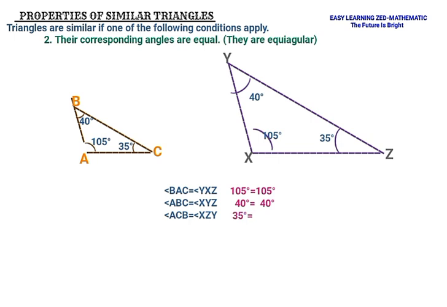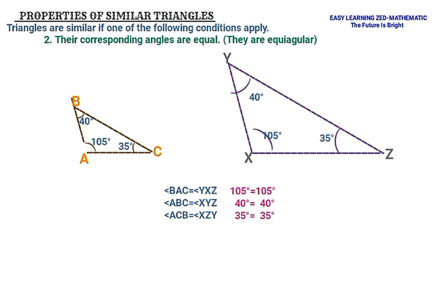Angle ACB, which is 35 degrees, is equal to XZY, which is 35 degrees. Now, when you look at these angles, they are equal. The reading on these angles is just the same. So these angles are congruent, so we can say these triangles are similar triangles. Okay?